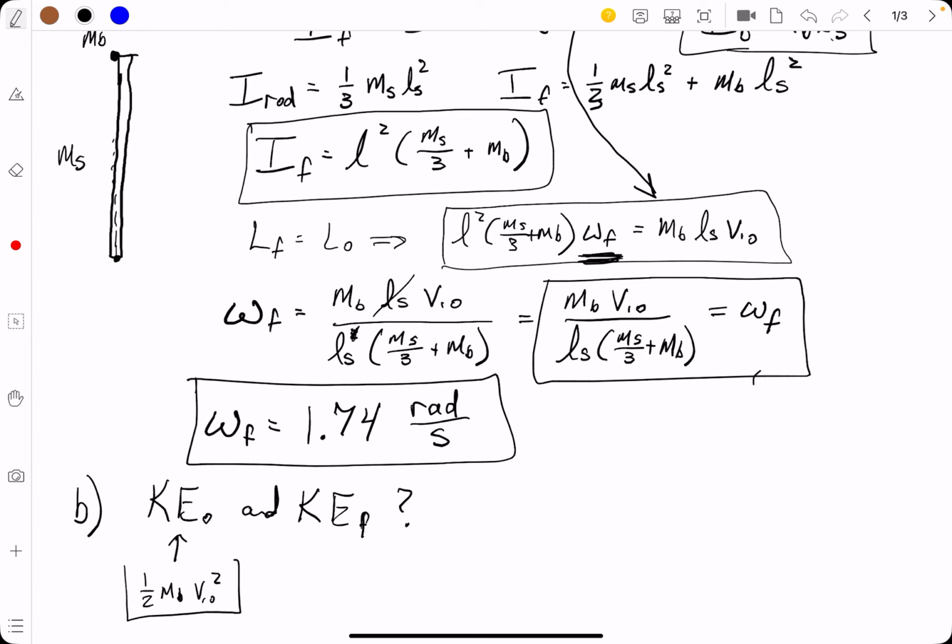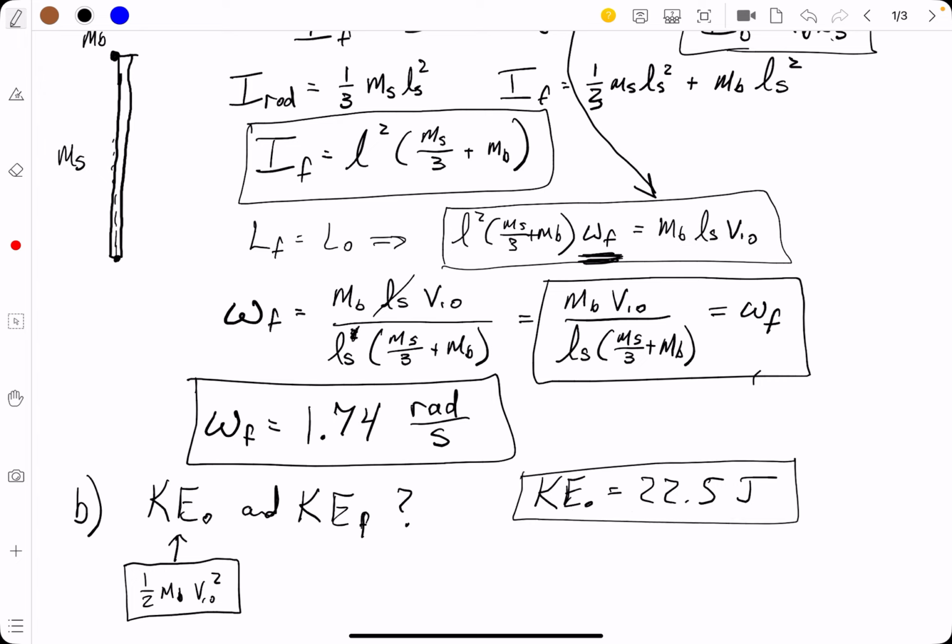So if you don't mind, I'm going to use that initially. But finally, we have to do the rotational one as well. We're going to do that in a second. But let's find out what KE0 is: 1/2 MB V naught squared. You can pause it and see if you get 22.5 joules. Okay, so good, there's one.